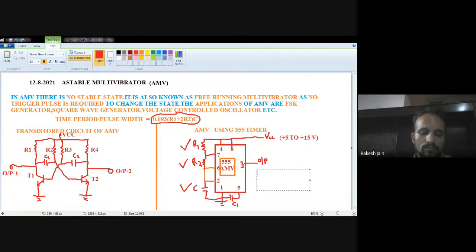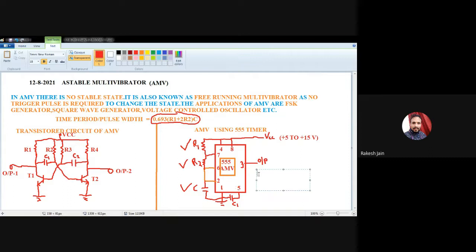Now see the last one, which is the most important thing: the overall frequency, the frequency of operation.